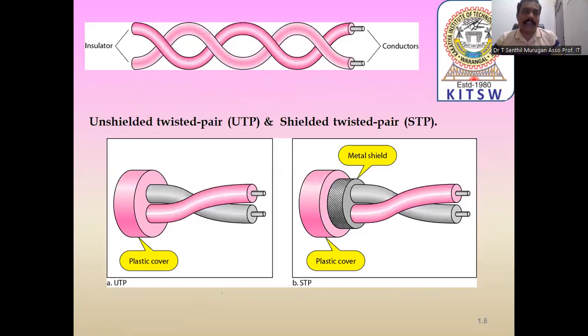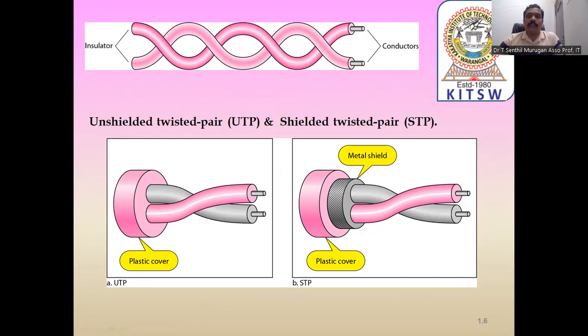You see here, this diagram represents the twisted pair cables. Twisted pair cables have two varieties: one is unshielded twisted pair cables, another one is shielded twisted pair cables.